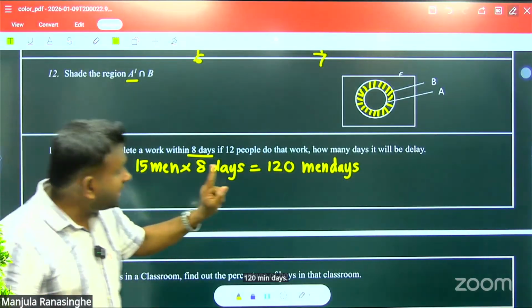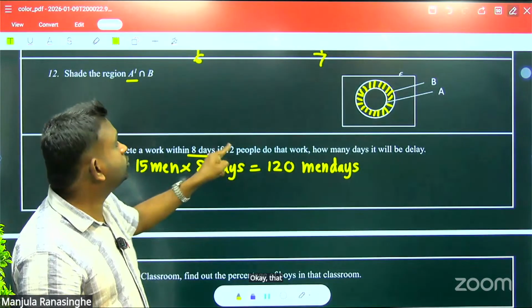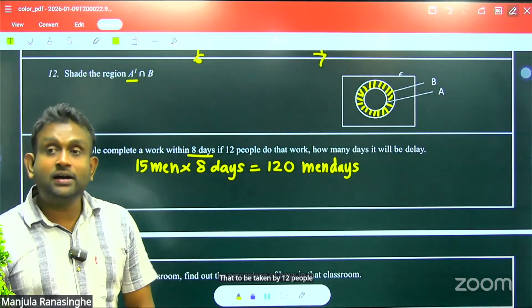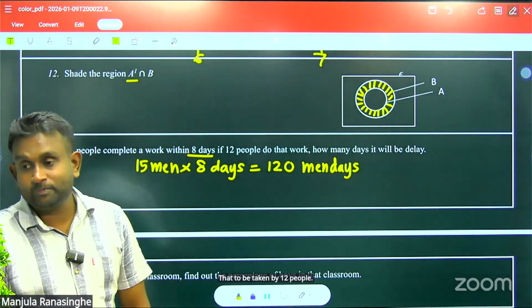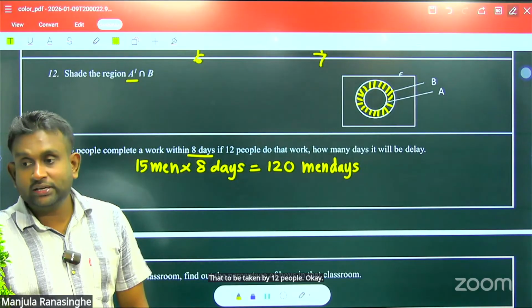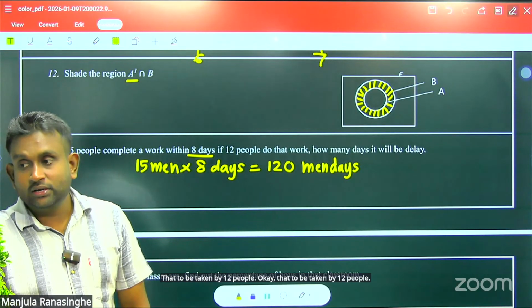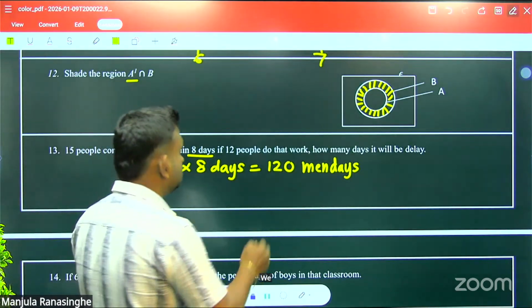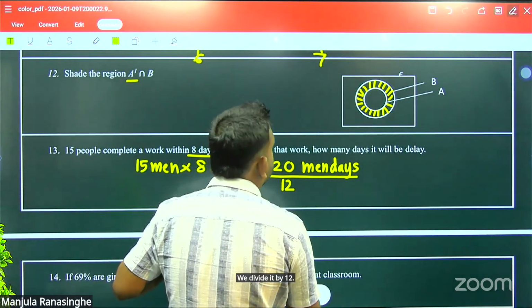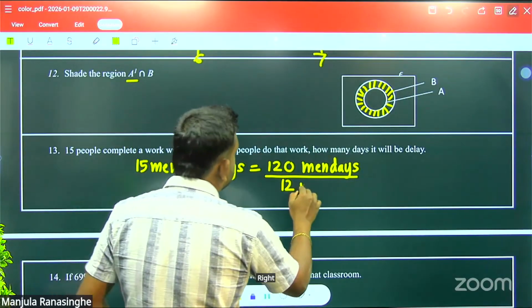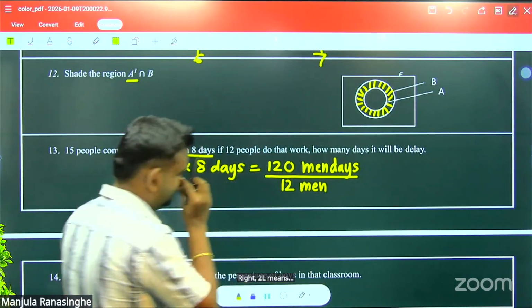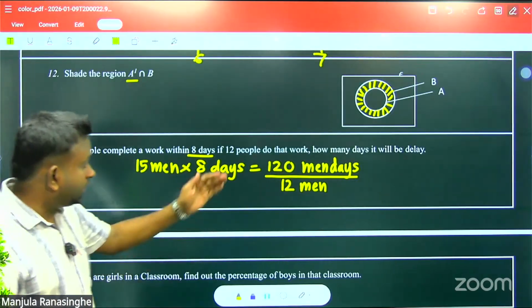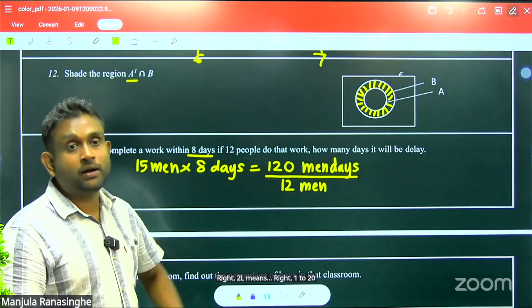Now that work is to be taken by 12 people. So how do we find that? We divide it by 12. 120 man days divided by 12 men.